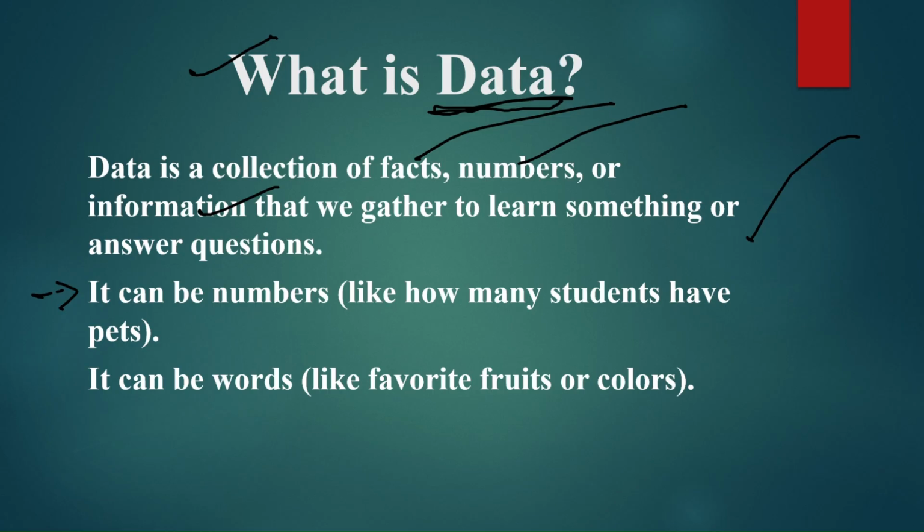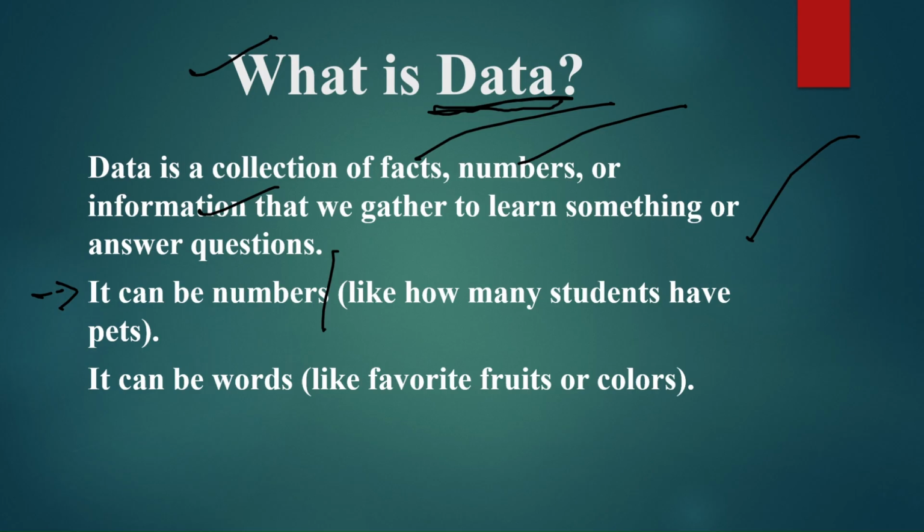So if we have gathered the information that three students like pets, here we are easily knowing, and we can easily make our decision that three students have pets.